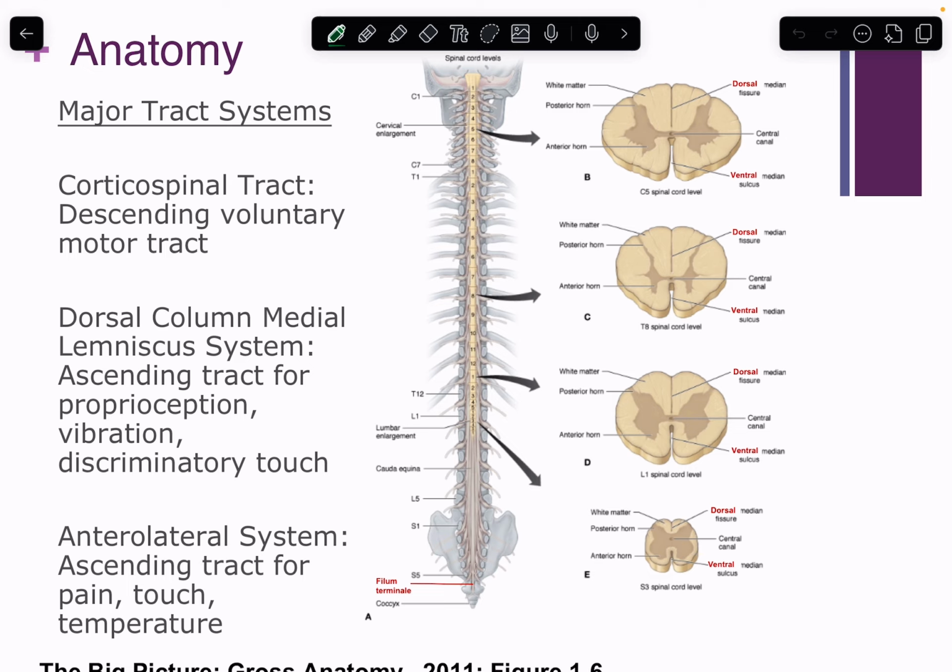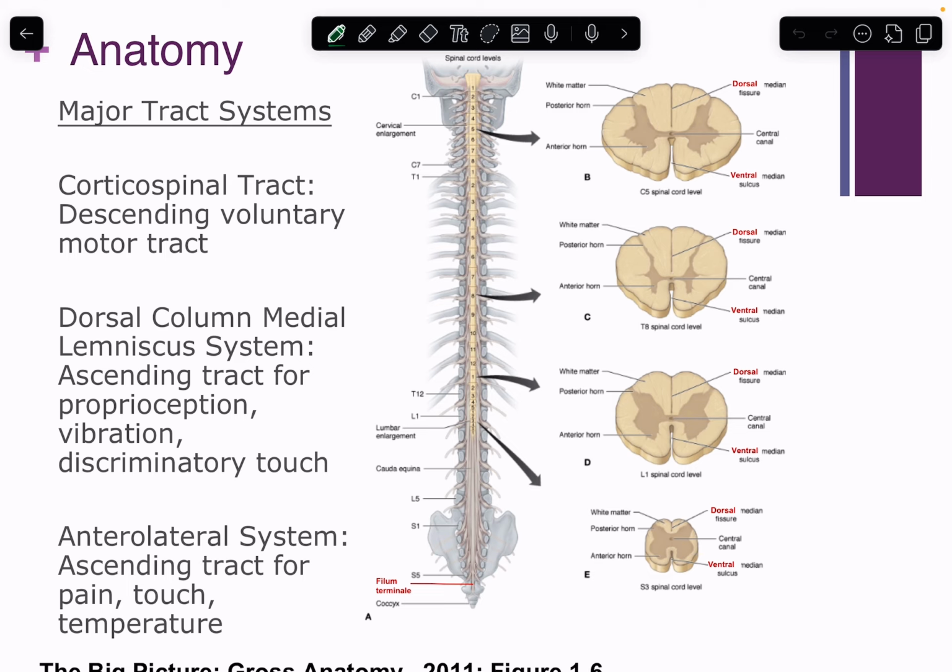Hence the name anterolateral, because it ascends and crosses over the opposite side in the anterior portion and lateral portion of the spinal cord. Okay, the pathway continues to the thalamus again and then to the somatosensory cortex.